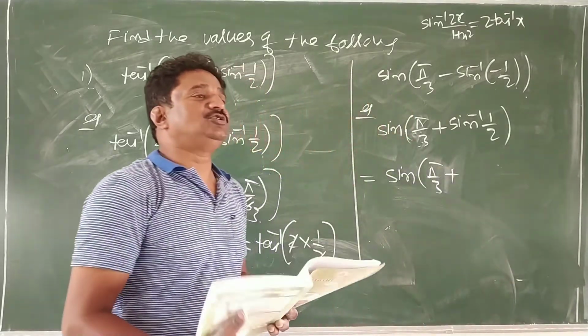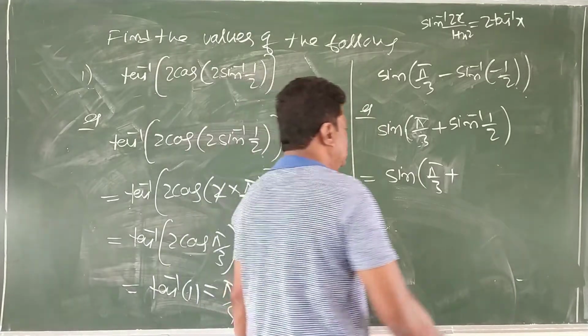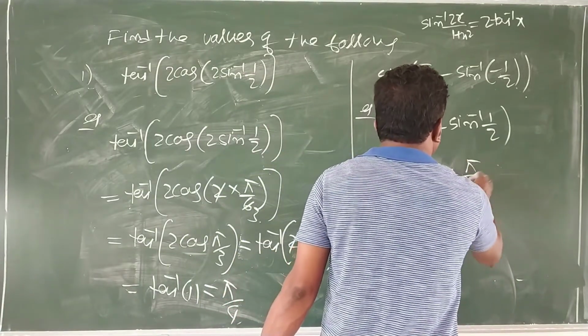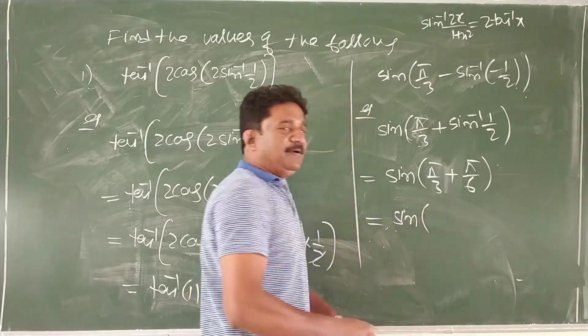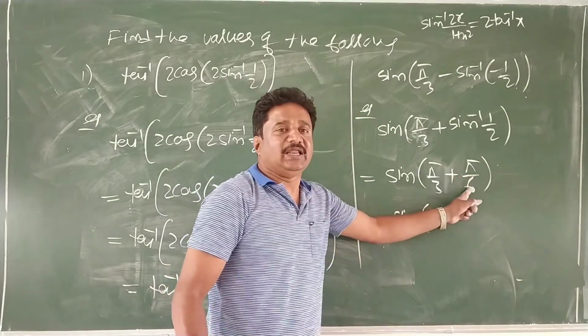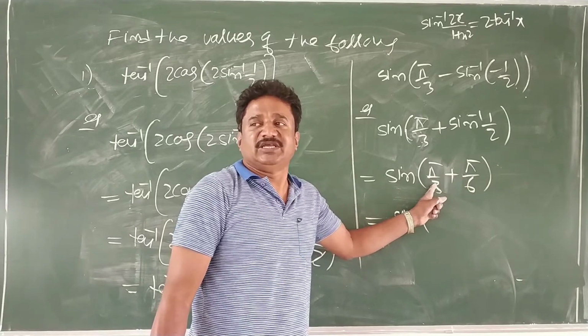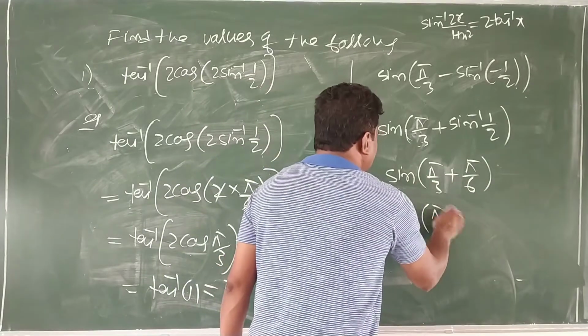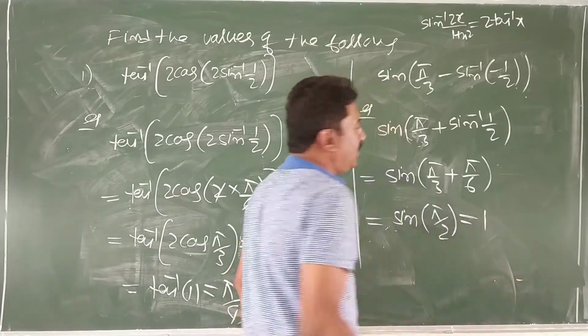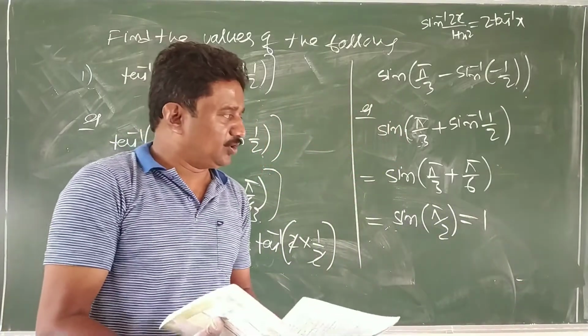How much is sine inverse 1 by 2? Pi by 6, which is 30 degrees. Pi by 3 means 60. 30 plus 60 is 90, sine pi by 2. Sine 90 value is 1.